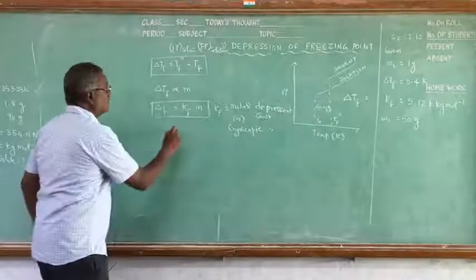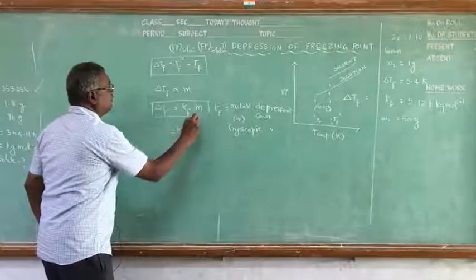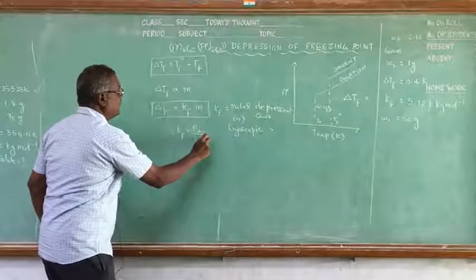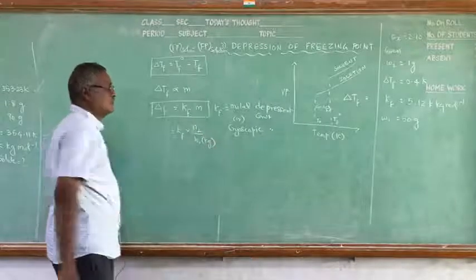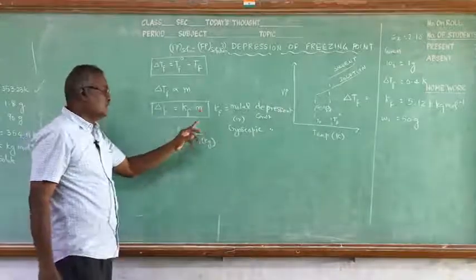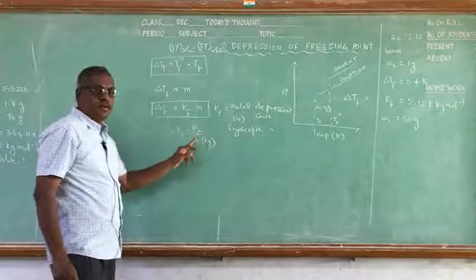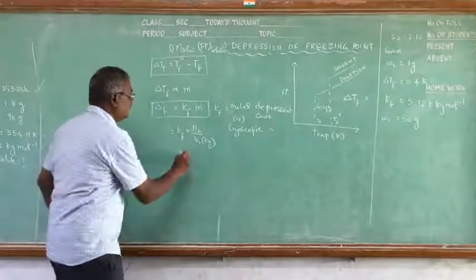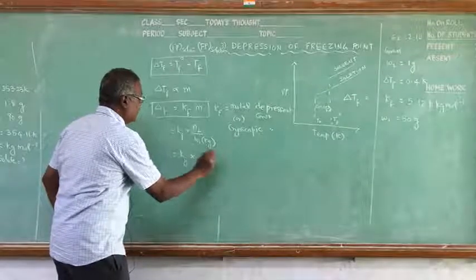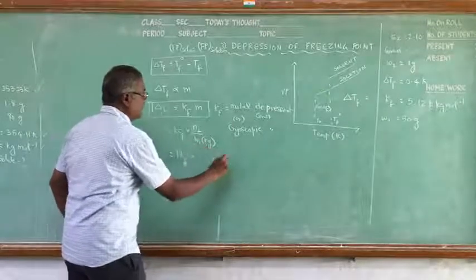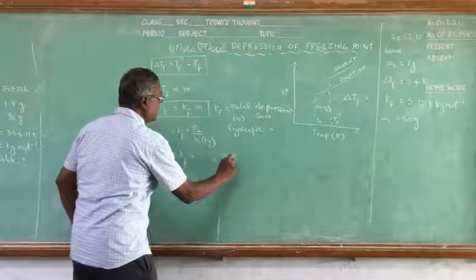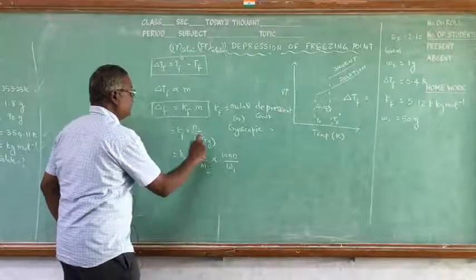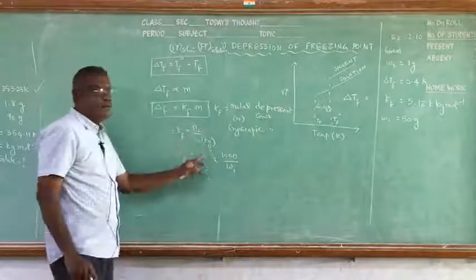If I want to convert, what is molality? Molality is N2 by W1 in terms of kg. What is the definition? Number of moles of solute by the weight of the solvent in kg. Again, if I convert into gram, I have to put 1000 divided by W1 into W2 by M2, because N2 is equal to weight W2 by M2.